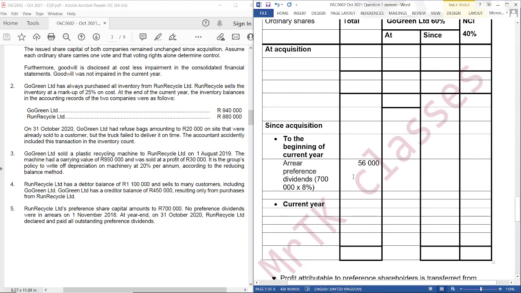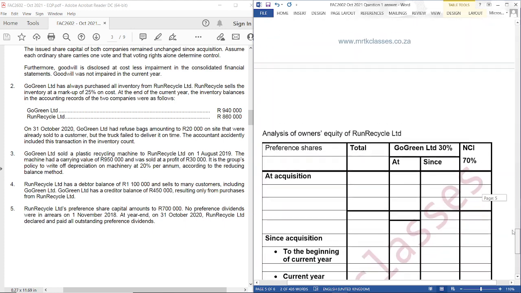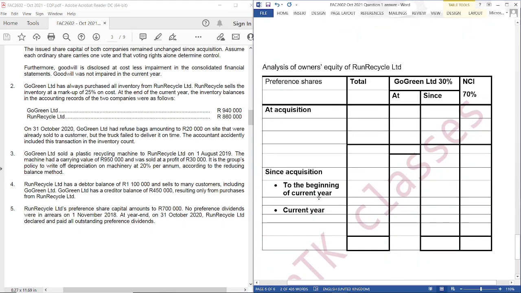So we are going to take out this 56,000 and bring it here, since acquisition up to the beginning of current year. Then we are going to call this preference dividends.